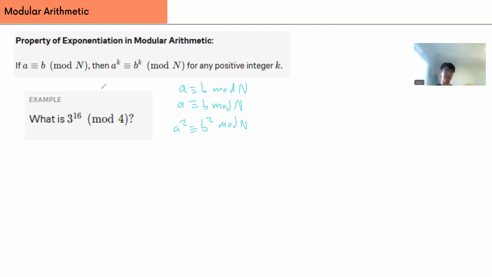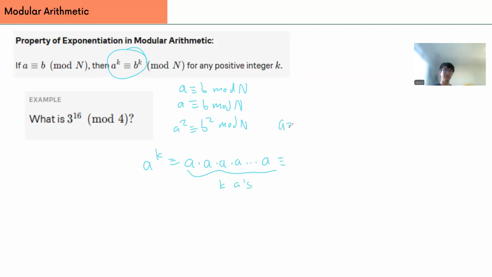So here, this generally holds. And what's nice about this is we can actually take this out of our exponent, right? So what this means is that a to the k is congruent to a times a times a, and there are k a's here.